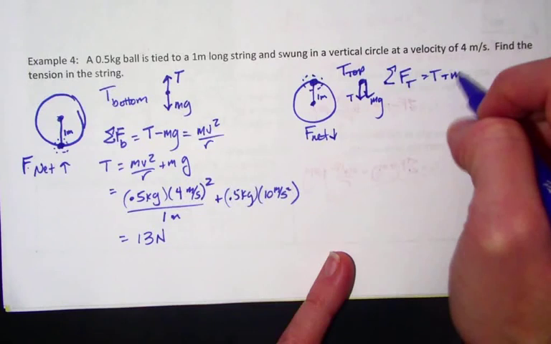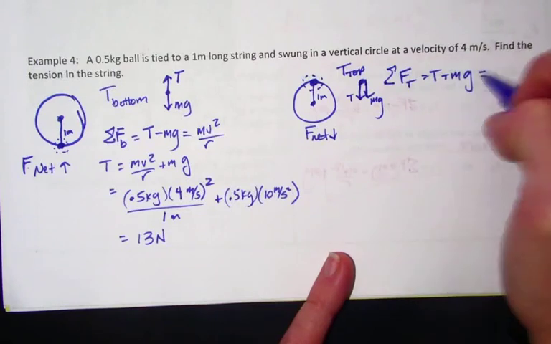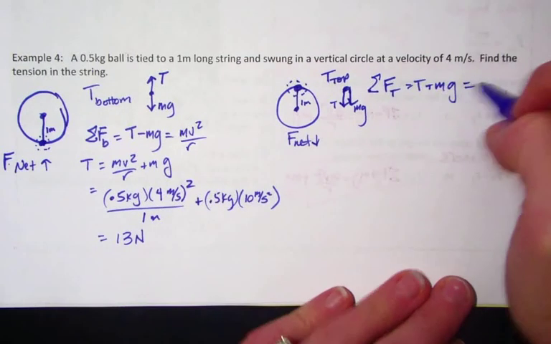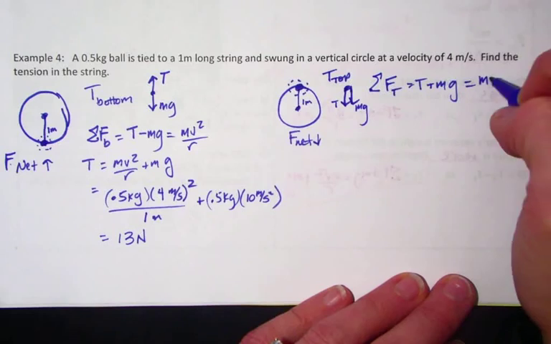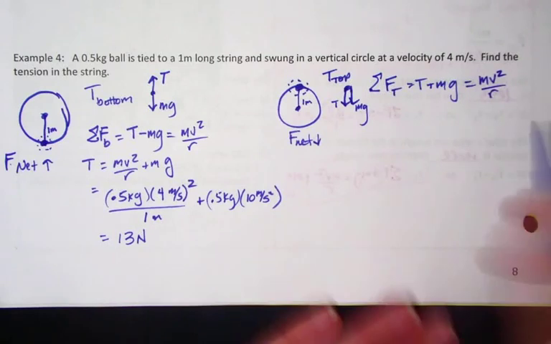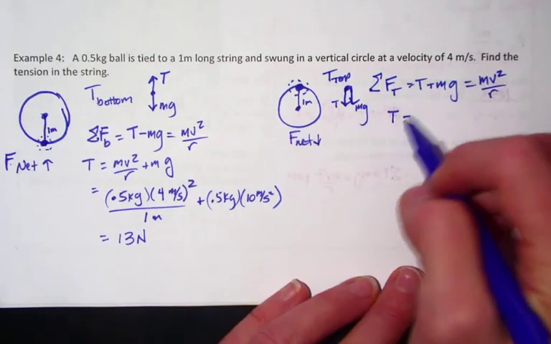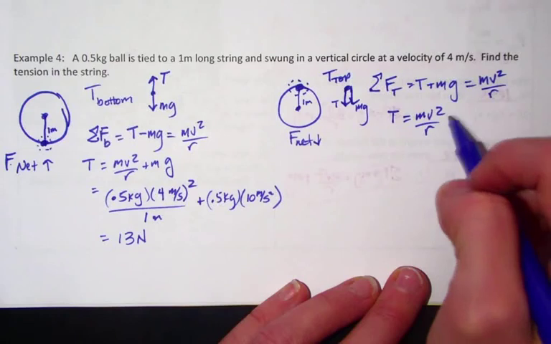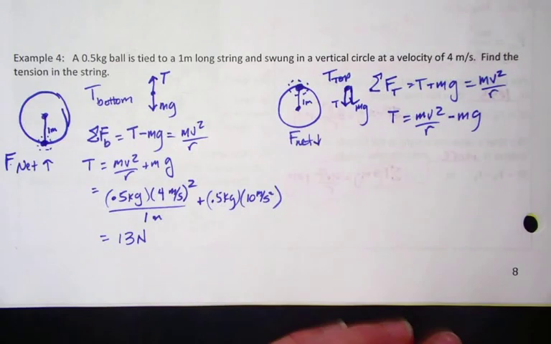So T plus mg. And again, that's centripetal, so we know the sum of the forces is mass times acceleration, which is mv squared over r. So to solve for tension, we have mv squared over r minus mg.